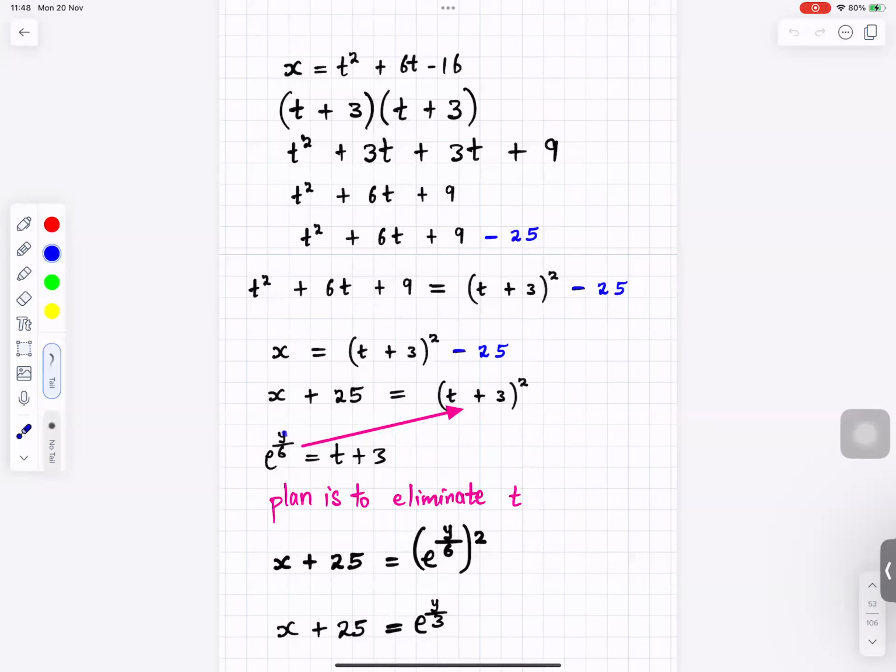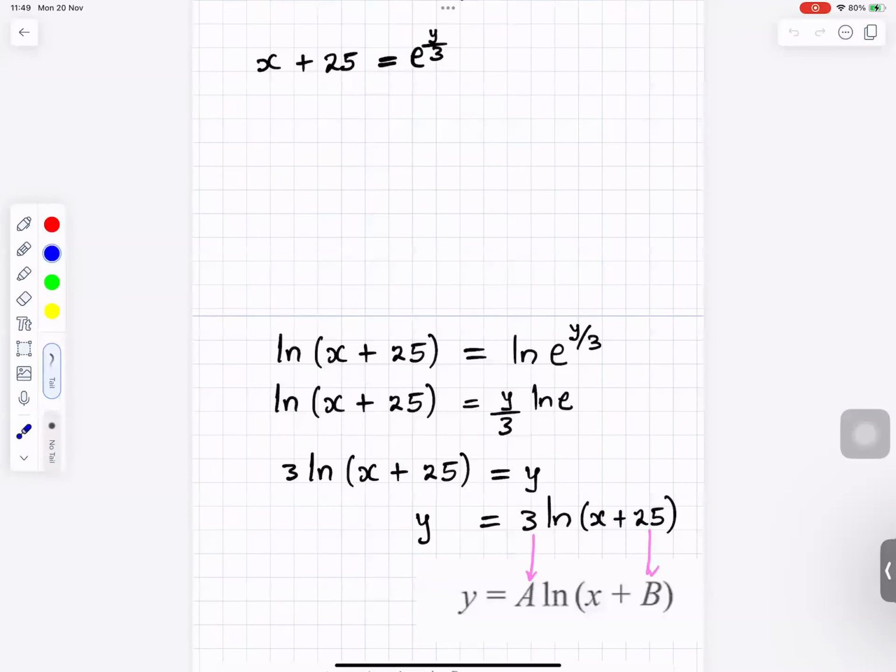So wherever you see e to the y over 6 equals t plus 3, you replace the t plus 3 with x plus 25. Then you put ln in front of them, so ln(x plus 25), and the ln e becomes 1. And 3 goes to that side, so 3 ln(x plus 25) equals y, which is the same answer as before.